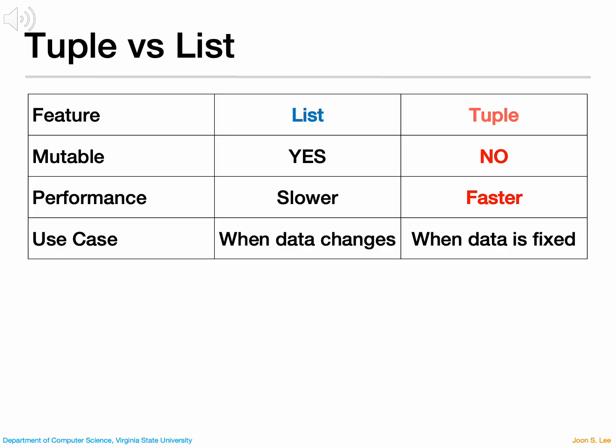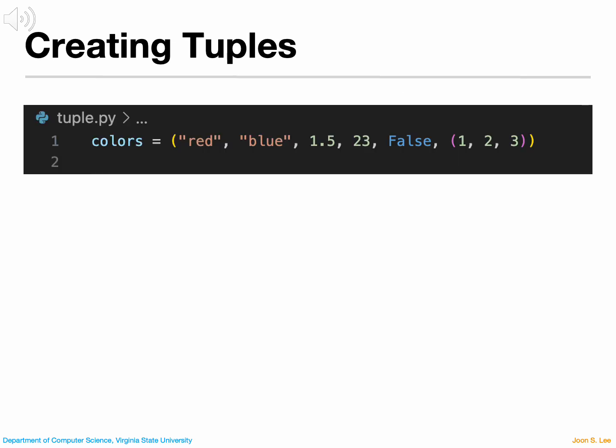Once defined, it cannot be changed. Because tuples are fixed in size and content, Python can store them more efficiently. That's why tuples are faster to process than lists, especially when dealing with large amounts of data that don't need to change. So the rule of thumb is simple. Use lists when your data will change, and use tuples when your data is constant or should remain protected from modification.